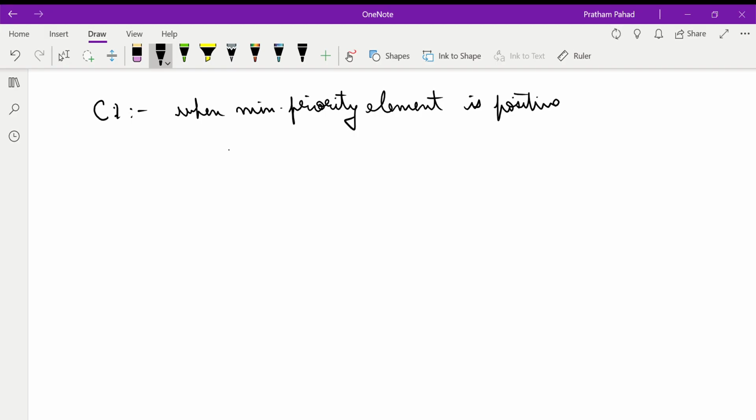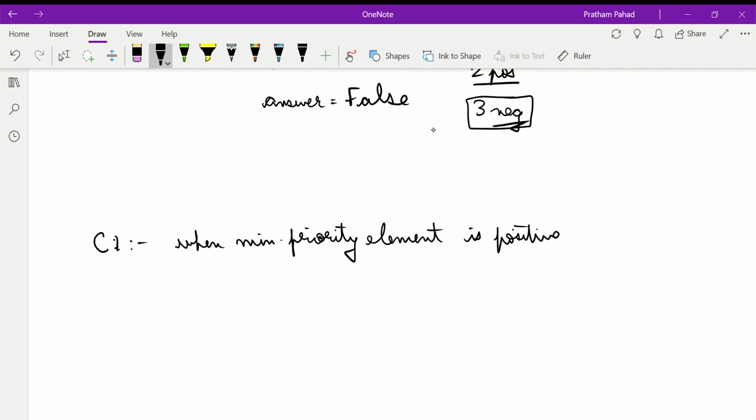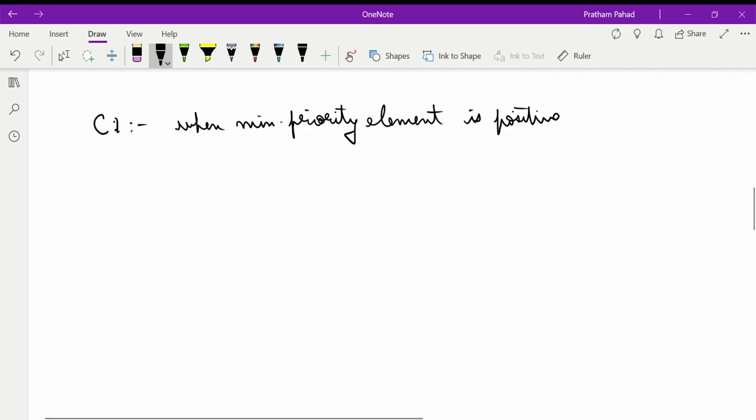That means your number of positives is less than negatives. The first thing we'll do is count the frequency of positive numbers and negative numbers. So when the minimum priority element is positive, that means the number of positives is less than negatives.